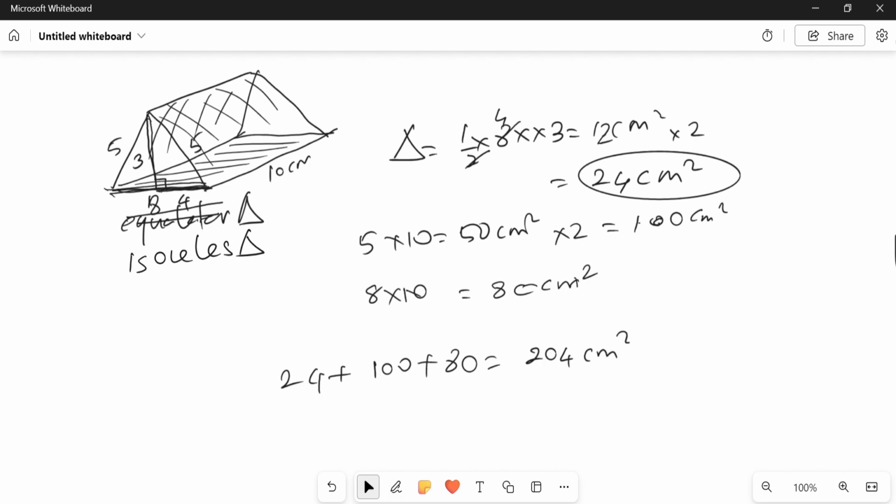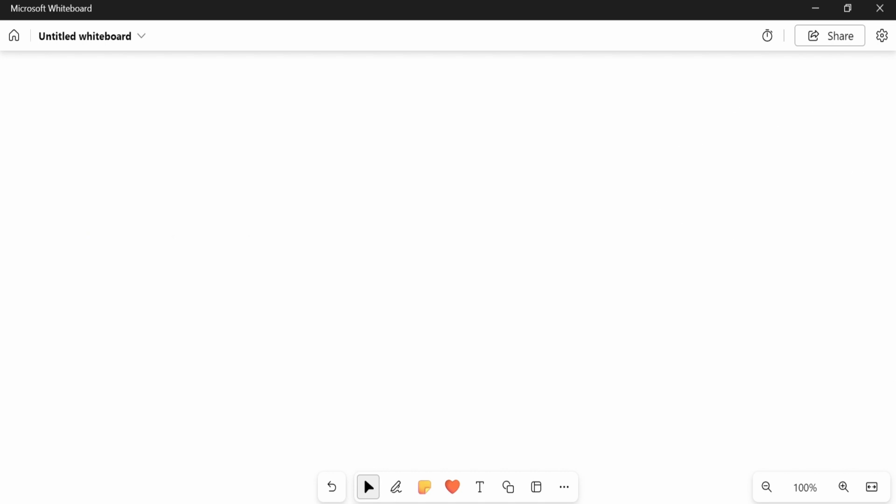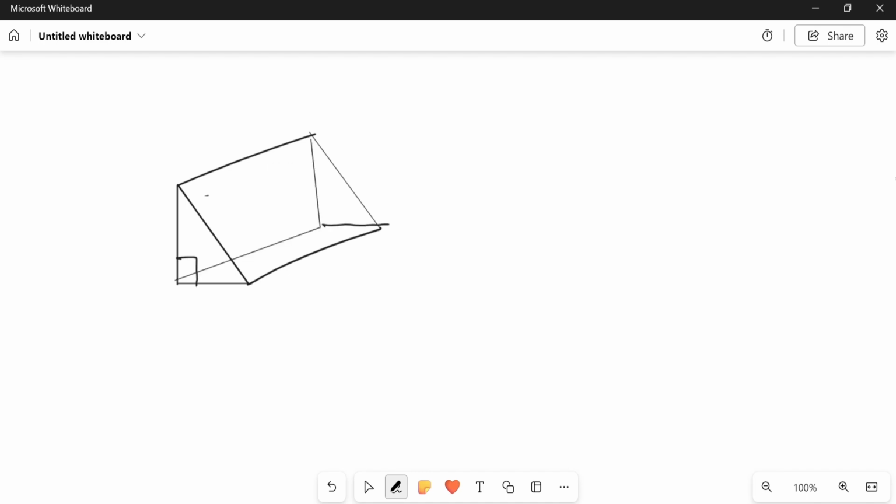Sometimes a triangle may be in a different size, like the following one. I will show you another triangular prism with different faces. Now you can see, let it be 90 degrees. So if this is 6 centimeter, this is 8 centimeter, we can find out using Pythagoras theorem, 10 centimeter. 8 square plus 6 square equals 100.